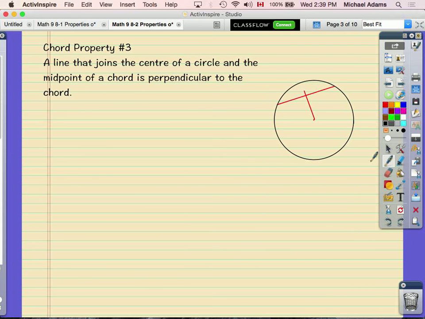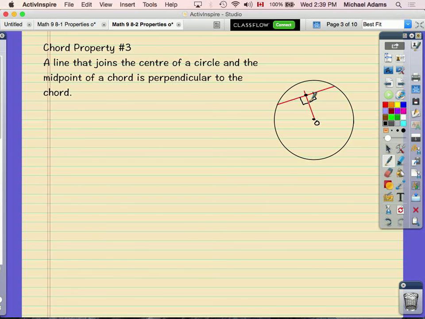Actually, that doesn't look quite straight, does it? So I'll make another line here. That looks a little better. So here is this line. It's coming from the midpoint and it goes to the center of the circle. And if it goes to the midpoint of the chord, then it is perpendicular. That's all it's saying.